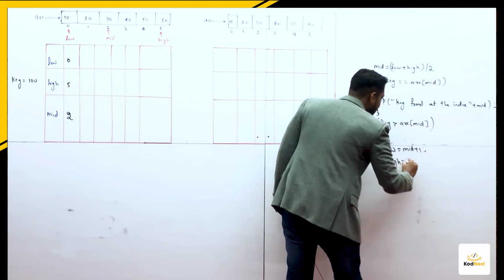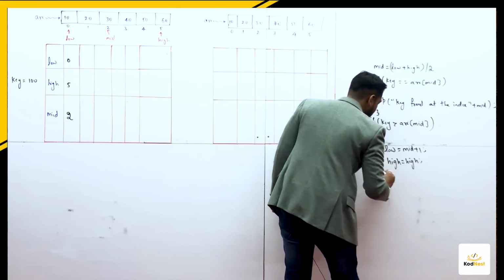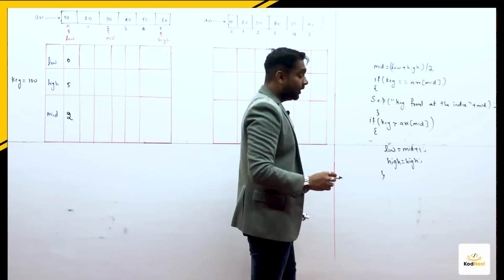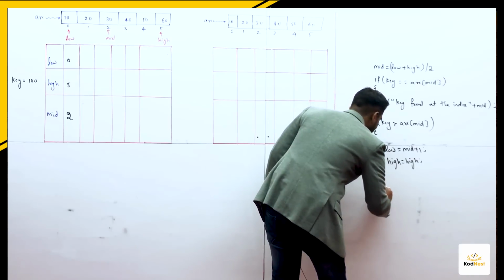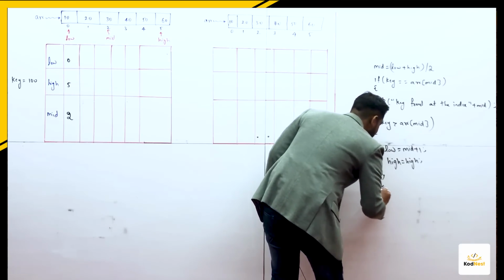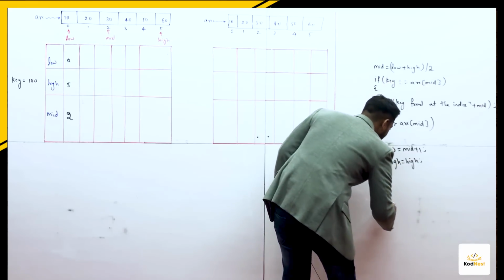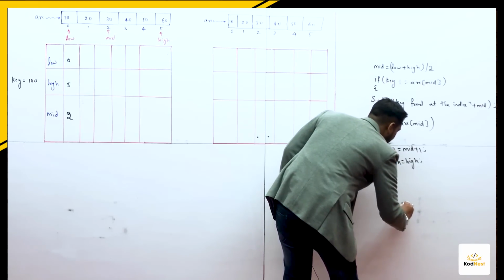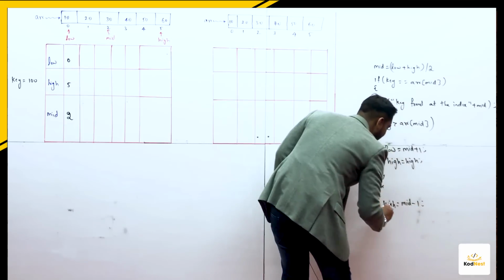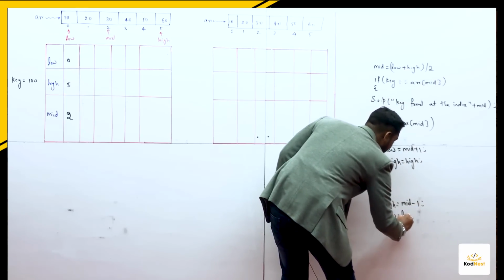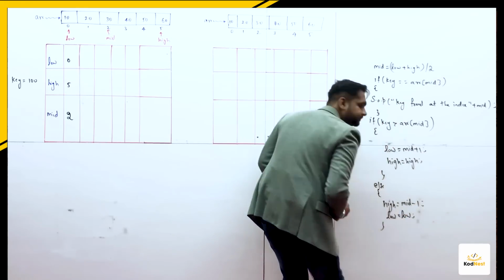We kept high there only. Am I not correct? This is what we did. Now, if it is not greater, if it is lesser, we made high point to one level before mid. We kept low there only. That is what we did pretty much.